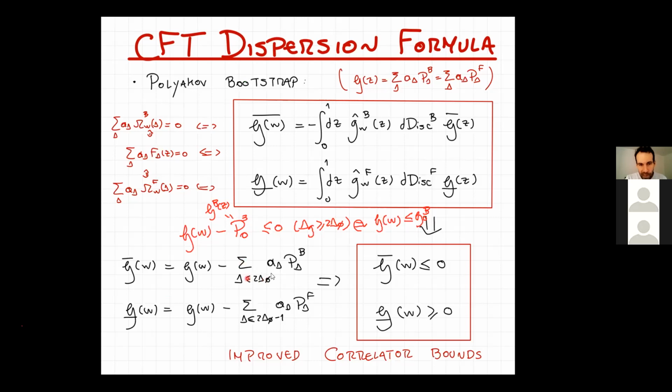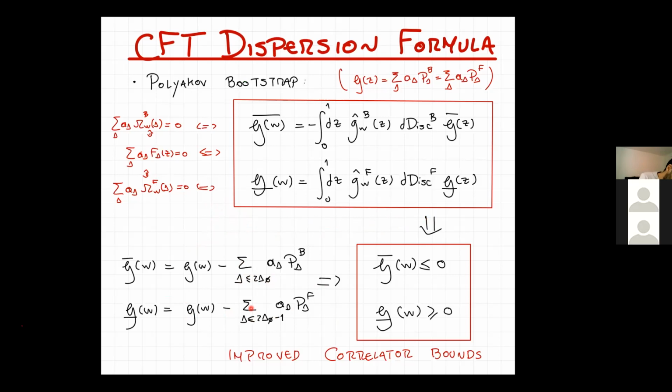It's improved because now it allows for the case where you don't impose a gap. And for the lower bound, it works a bit differently. This is also an improved version of the bound, but in this case we don't need to make any assumptions.